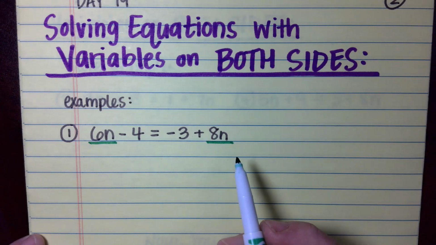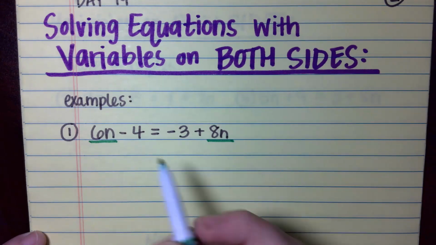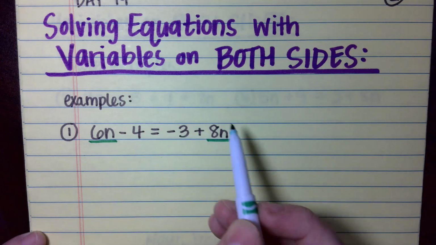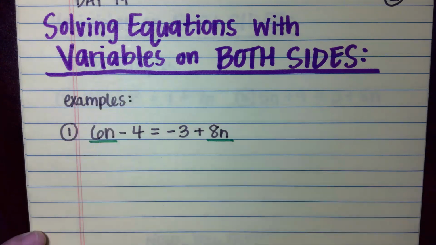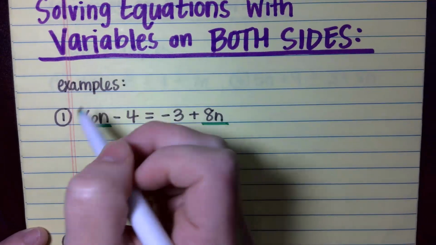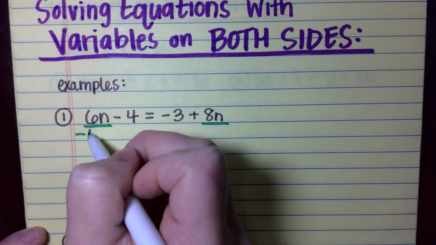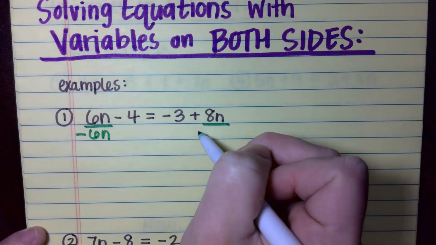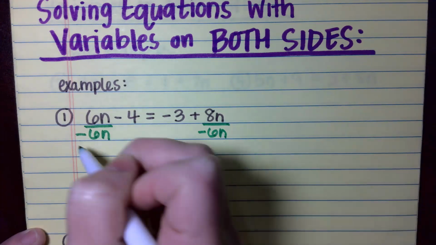So we have a couple of options here. We could just treat them like they're not multiplication problems yet. We want to put them together before we separate them. So one thing we could do is we could subtract 6n and do it on both sides. Okay.